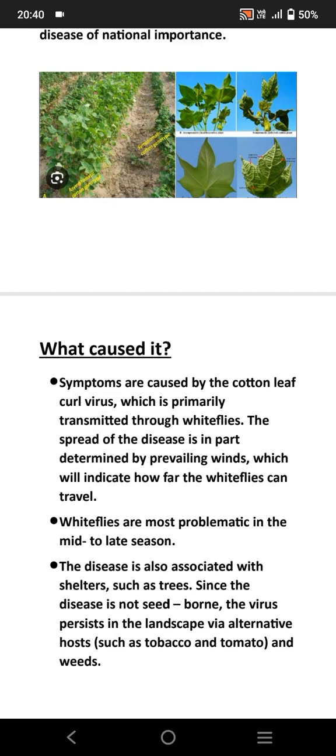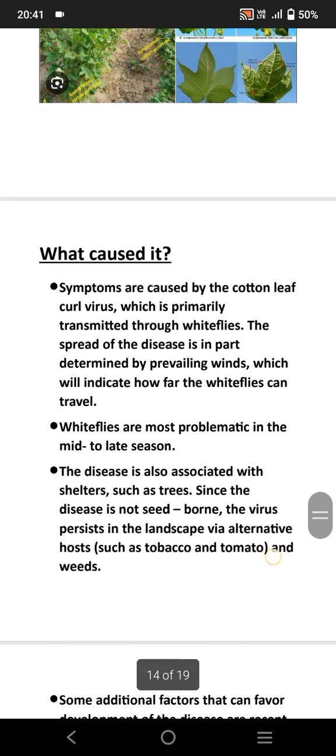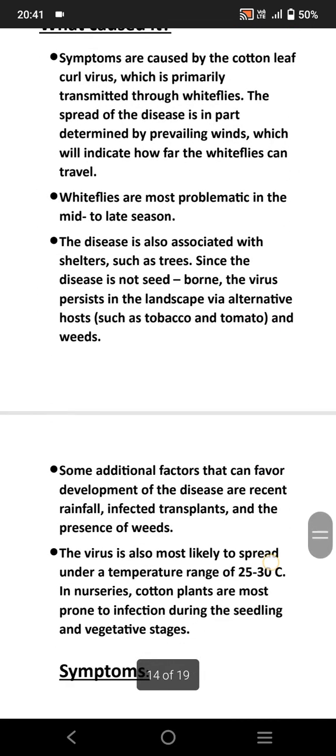Whiteflies are most problematic in the mid to late season. The disease is also associated with shelters such as trees. Since the disease is not seed-borne, the virus persists in the landscape via alternative hosts such as tobacco, tomato and weeds.